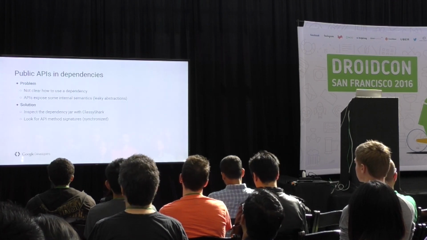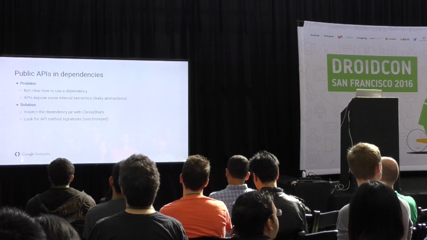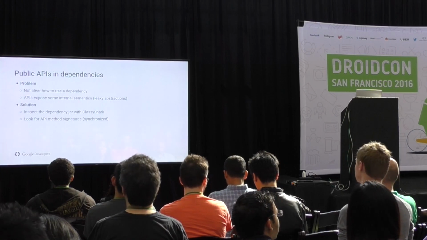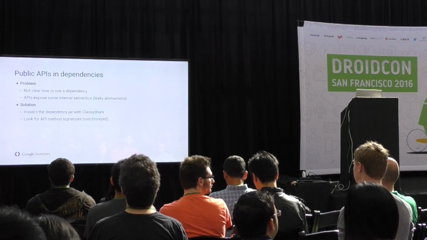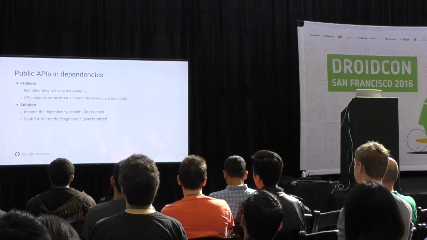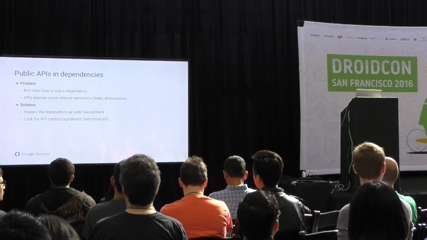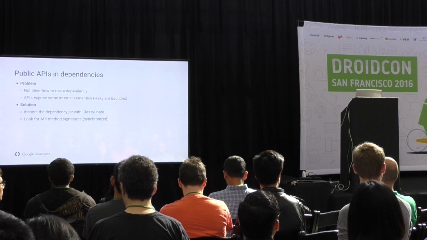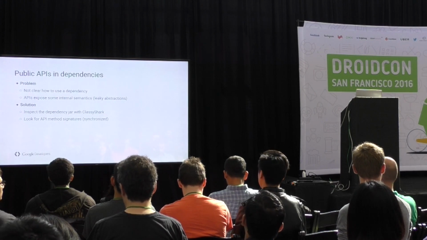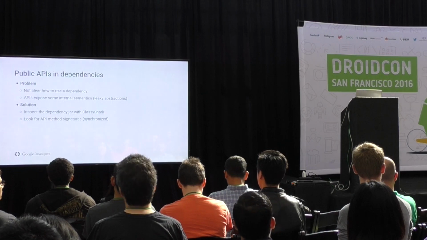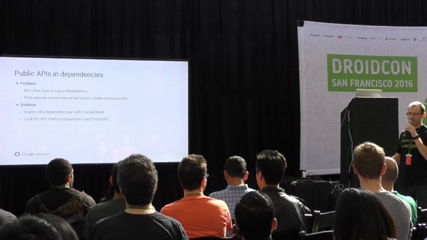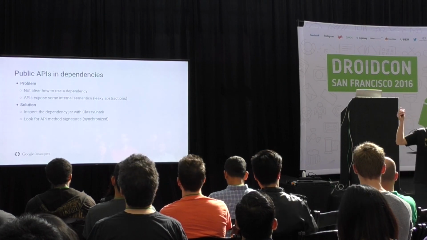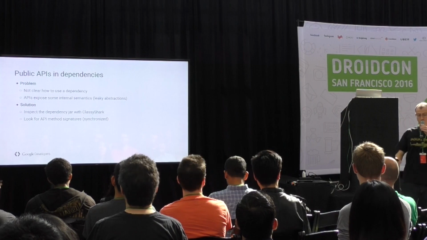The most popular example that I had, working with one of the most popular SDKs, is calling a non-synchronized method from multiple threads. And this was a big pain. And the solution was easy. Once I looked in the method signatures, I saw that the methods are not synchronized. And then doing my own synchronized block solved it all.